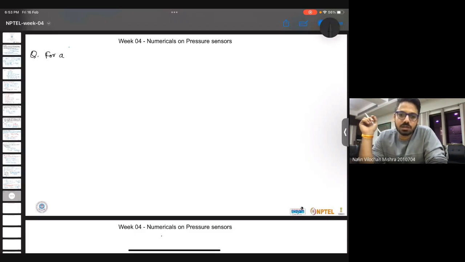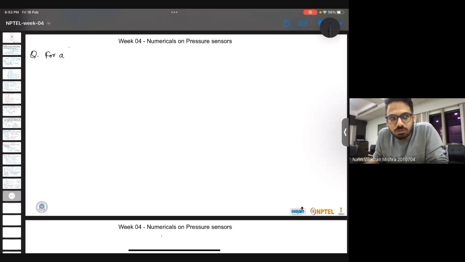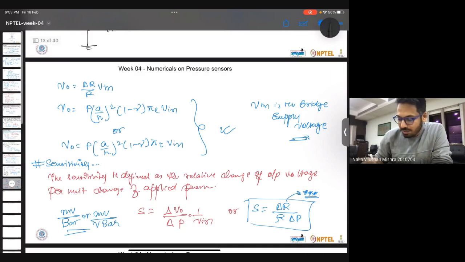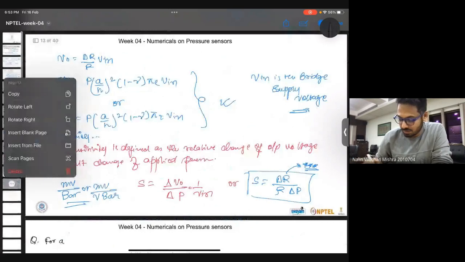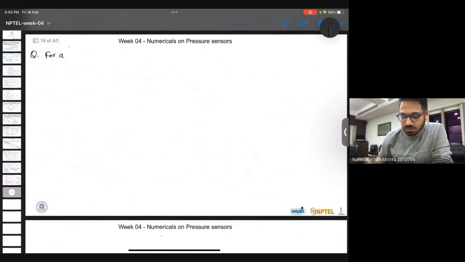I have some materials and some numericals I can share with you, because for my session I only have these 2 hours, and in 2 hours I need to cover the relevant theory with numericals. I try to cover only the numerical part, but there are these formulas, so I need to revise them for you guys. That's why I'm deriving these formulas.